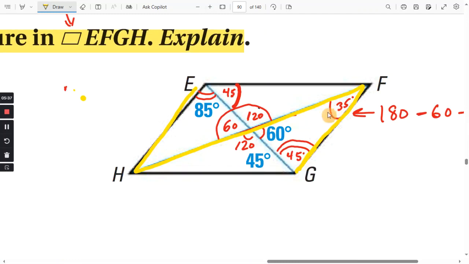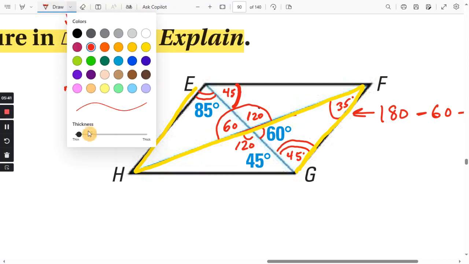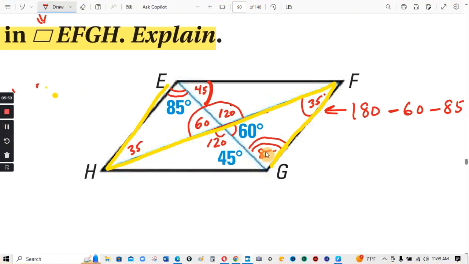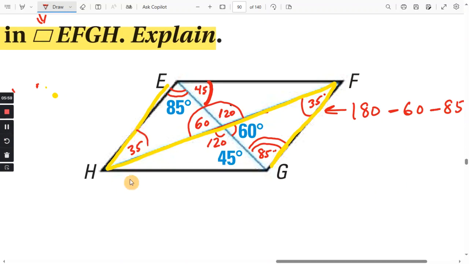If this one is 35, this one here is also 35. And really, we didn't even need to do that. That's because we have 85 and 60, and we have 85 and 60 here as well. So if this was 35, we knew this one would also be 35.